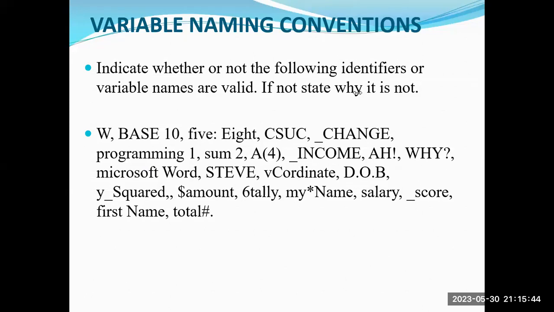Wow, the numbers have really reduced. Mr. David, you are the only one left. Everybody has talked. So we are coming to change. You can see change, so underscore change. Valid or invalid? If you can't speak, you can chat.